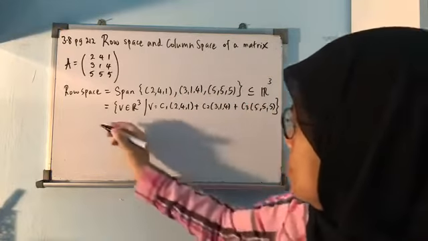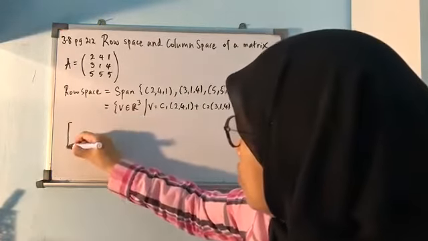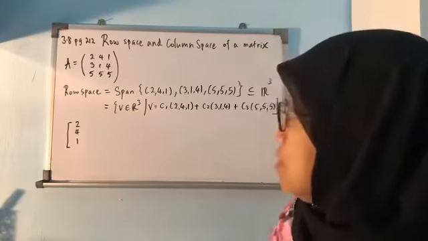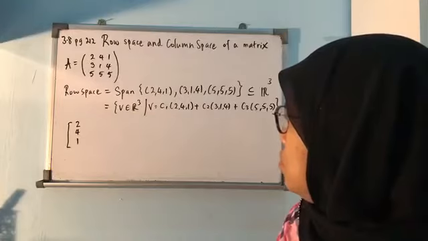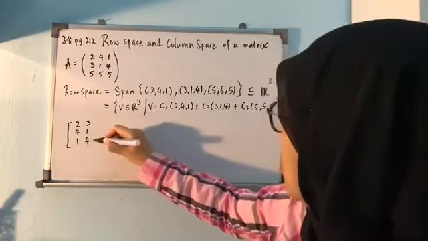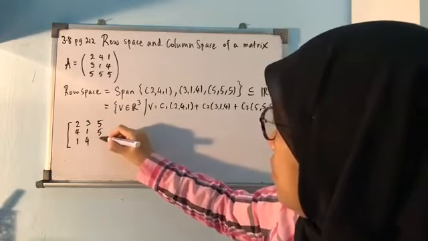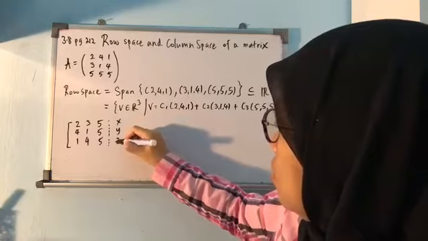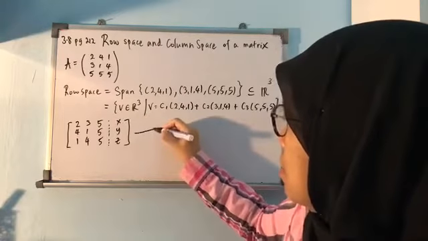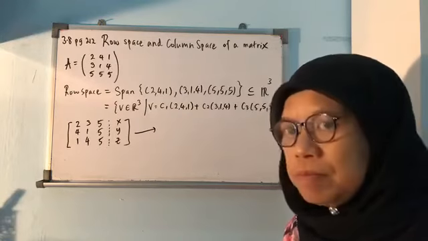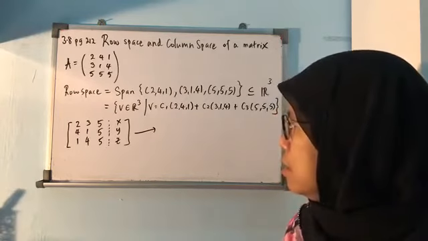What if it's not? So what I will do is I go back to the earlier section. I put 2 4 1, 3 1 4, and 5 5 5, and then I want to see whether it spans the whole R3. Okay, this is the easiest way to find the span, right?